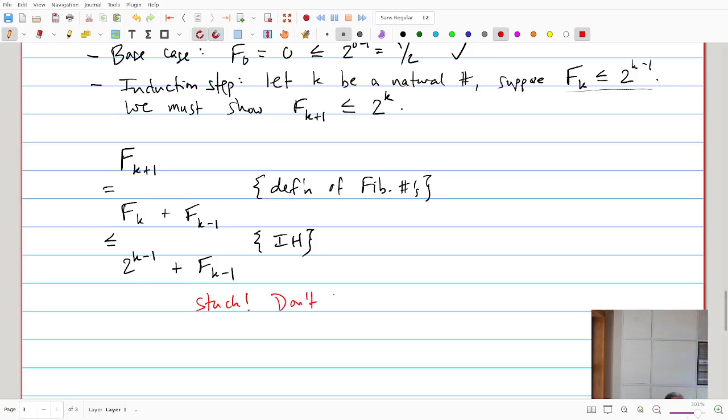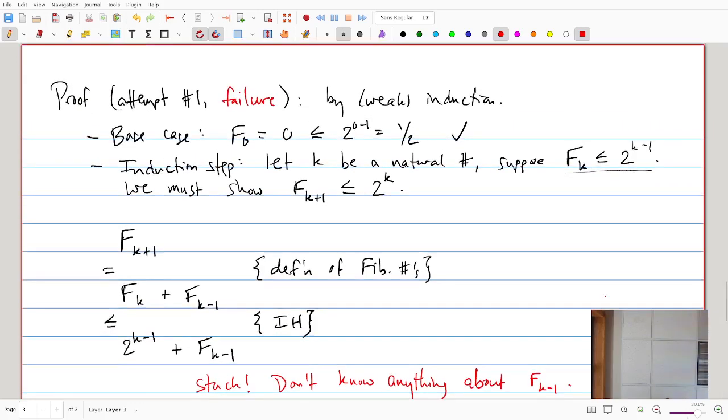I don't know anything about fk minus 1, right? Our induction hypothesis only says something about fk. And so I think this is what Garrett was alluding to earlier. Because the Fibonacci numbers are defined, right, each one is defined in terms of the 2 previous Fibonacci numbers.